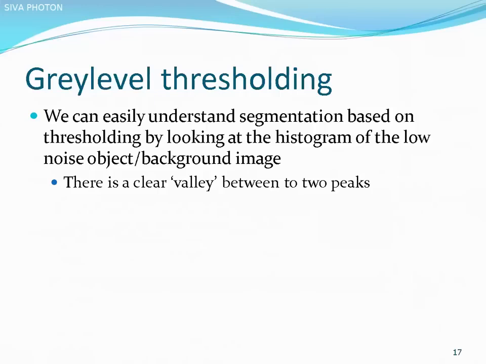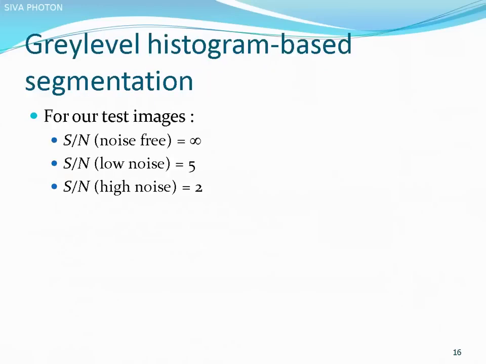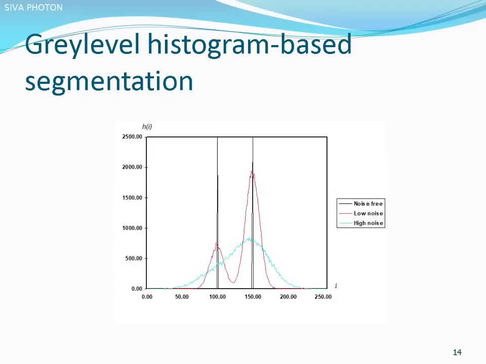Okay, so now you can see there is a clear valley between the two peaks. These are the two peaks in the red image, and this is a valley.